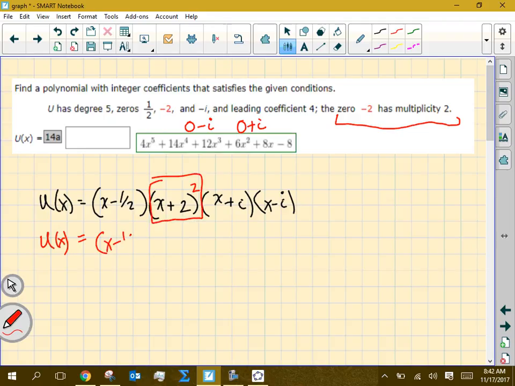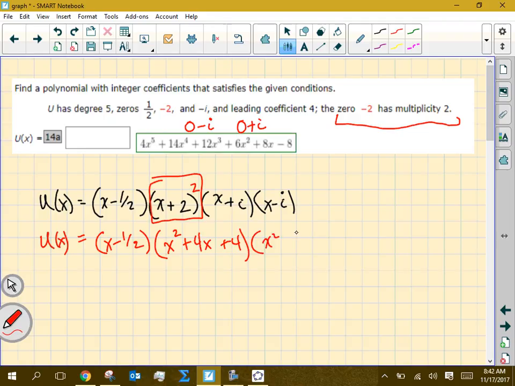So x minus a half, and now x plus 2 squared gives me x squared plus 4x plus 4. I just find that to be an easy thing to do, okay? And I also find that the conjugates here of x plus i and x minus i are an easy thing to do. So x squared, it's going to give me minus i squared, right?